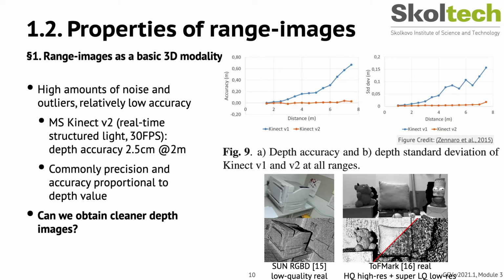Moreover, some of the sensors, such as, for example, Intel RealSense, quantize depth. For example, it uses only 64 different disparity values, which generally means coarser depth estimates as we are moving further away from the sensor. So another question is, can we actually obtain cleaner, more detailed depth images that one can use for different applications such as reconstruction?